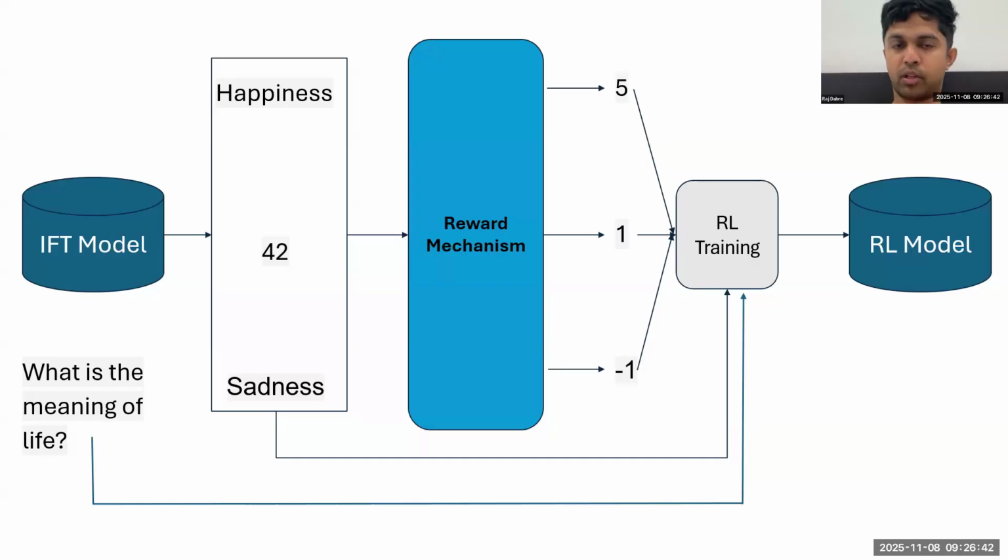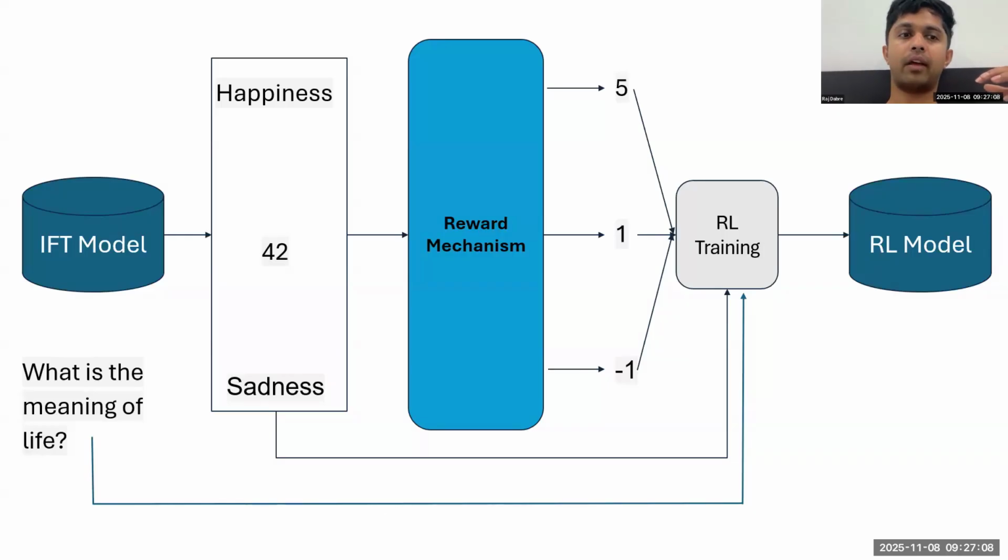The response 42 is not the best answer, but if you've read the Hitchhiker's series, you will know that 42 is kind of a joke answer. It is not the best response, but it is a reasonable response, so you give it a score of 1. And sadness, of course, is not the meaning of life, so you would give it a negative score.